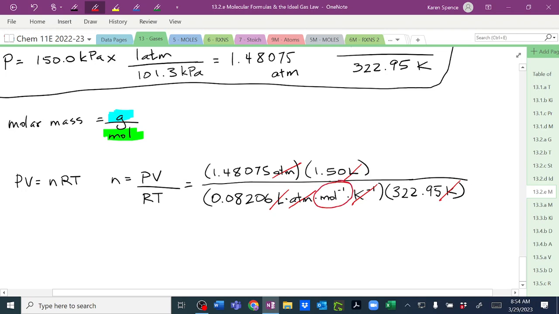So if we move that to the numerator, it becomes moles. Okay? And then our numbers, times 1.5 divided by 0.08206 divided by 322.95 equals 0.08381 moles.